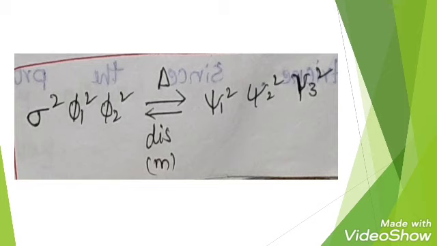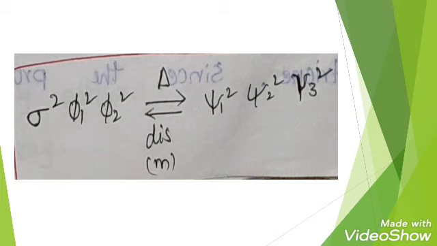So this is about the application of the correlation diagram for disrotation of cyclohexadiene to hexatriene conversion. Now we have to apply the correlation diagram for conrotatory interconversion of cyclohexadiene to hexatriene system.